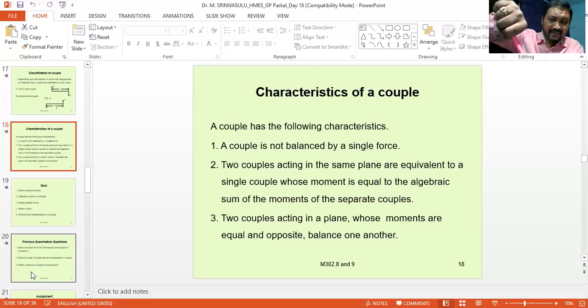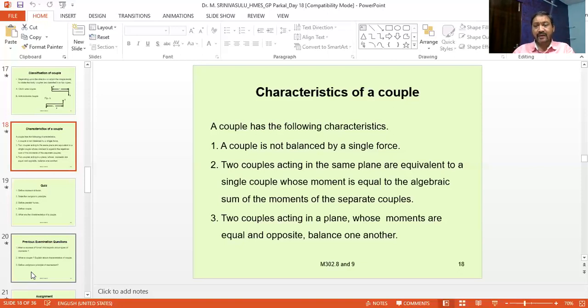So we are applying the forces, and it is also nothing but a couple, and so it has some moment value, and this moment will produce the rotary motion to the screwdriver with sufficient force. Then only we are able to drive the screws into the wood.